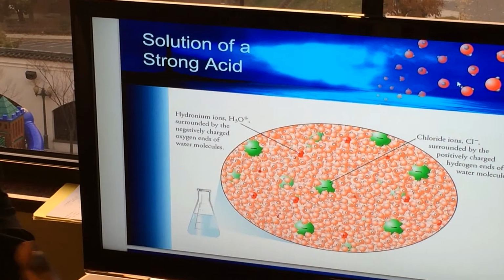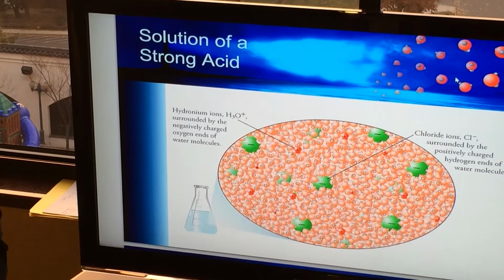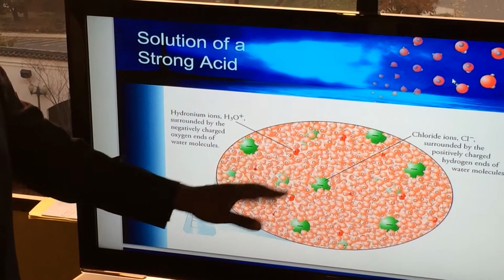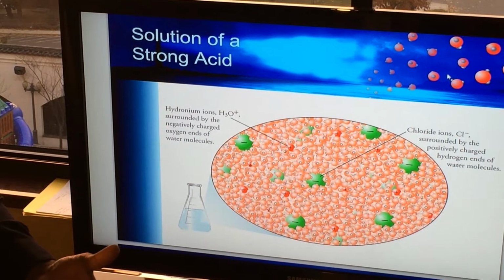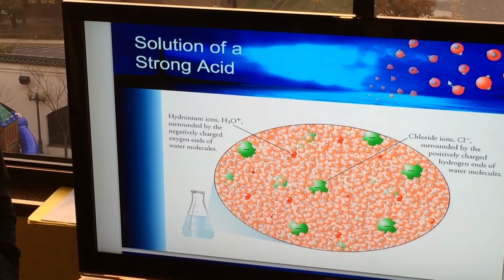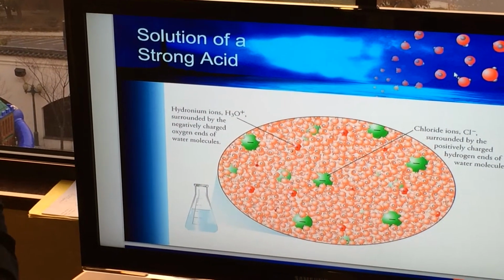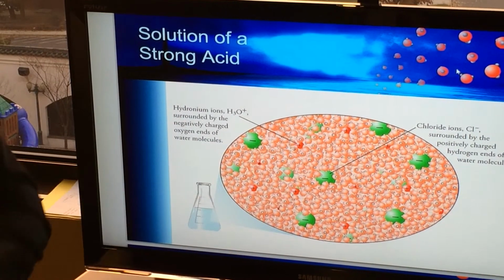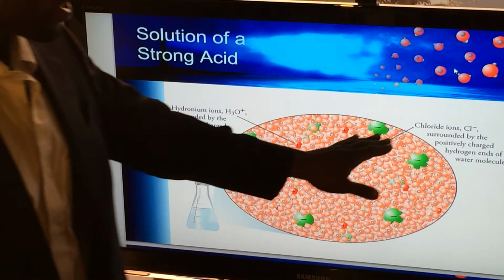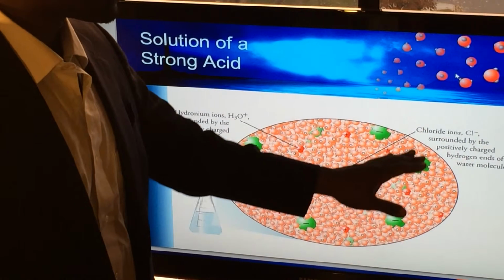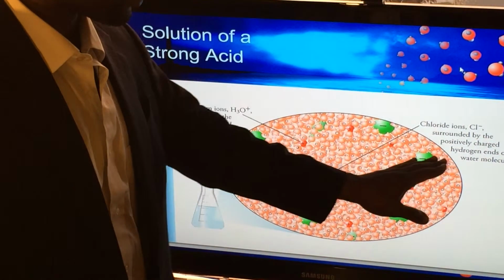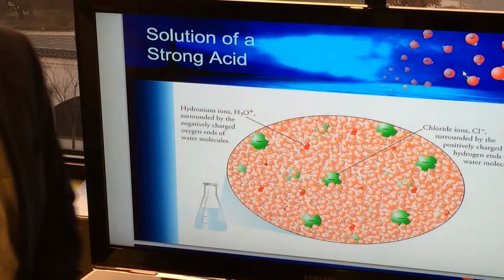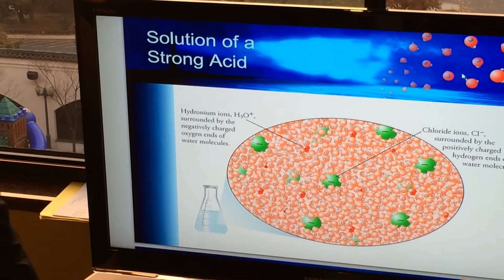Essentially the same type of electrostatic attraction occurs between the electronegative oxygen and the positively charged hydronium ion. Likewise, the chloride ion, which has a negative charge, is surrounded by positively charged hydrogen ends of the water molecule.